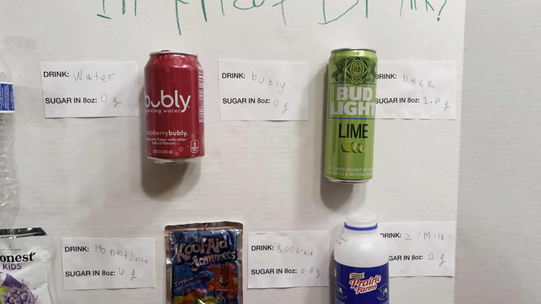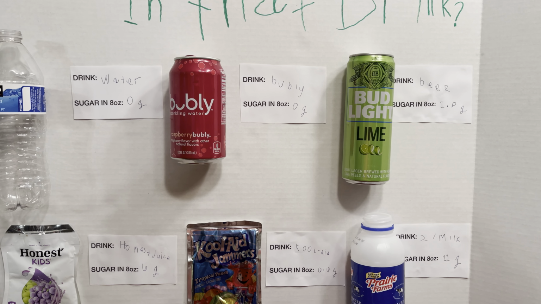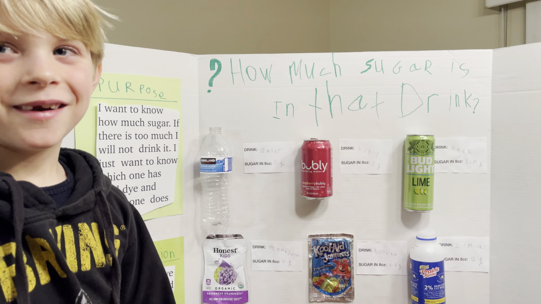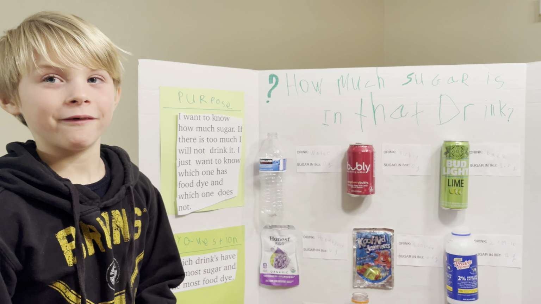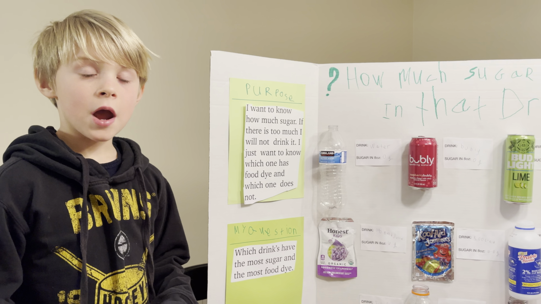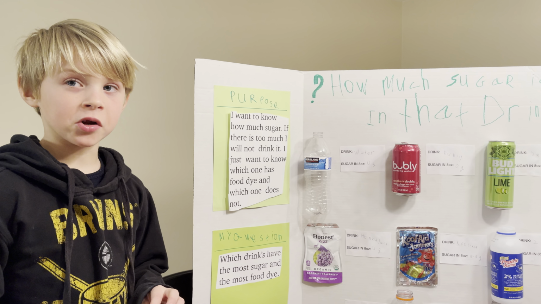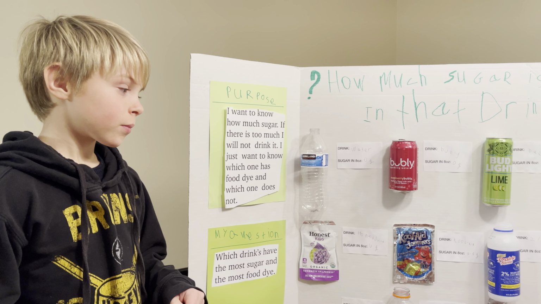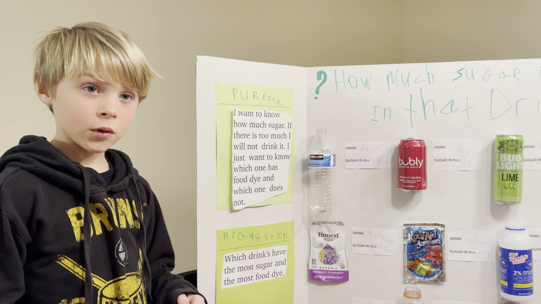Do those two have food dye? No food dye in those, because water is natural. Unless you put a bunch of sugar in, then it'll taste like sugar. And you could actually put food coloring in water too.